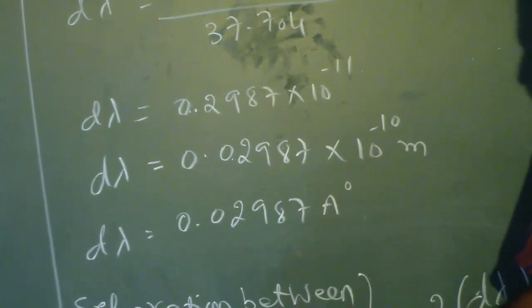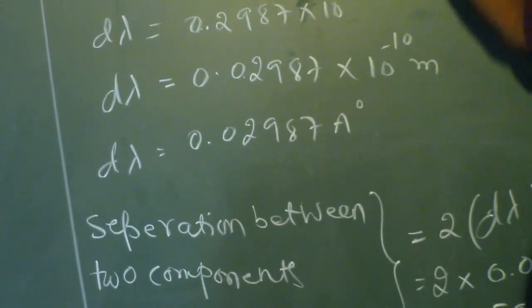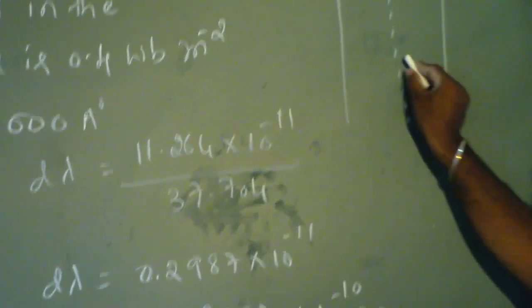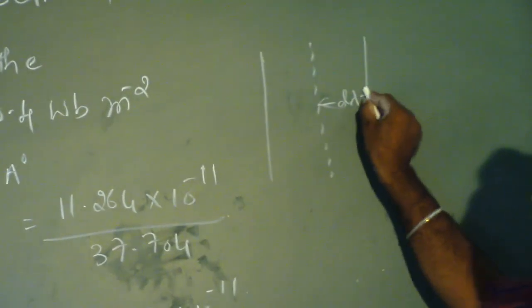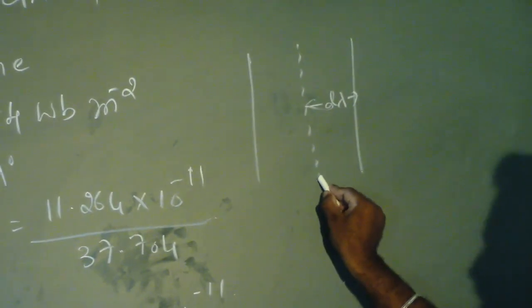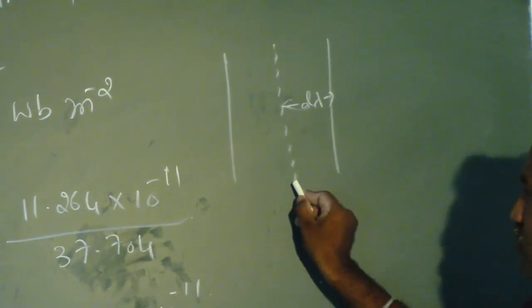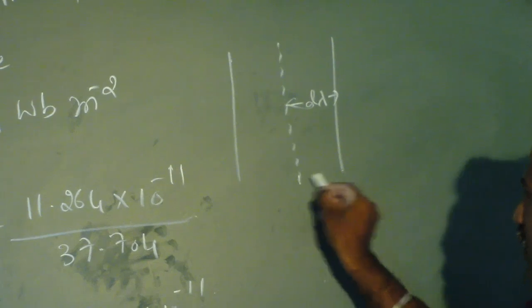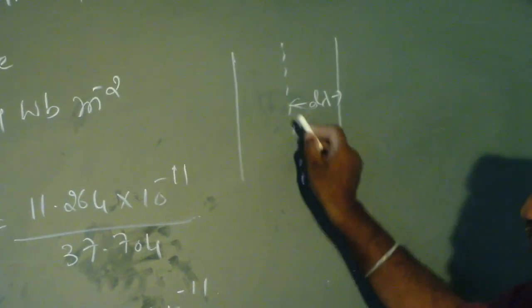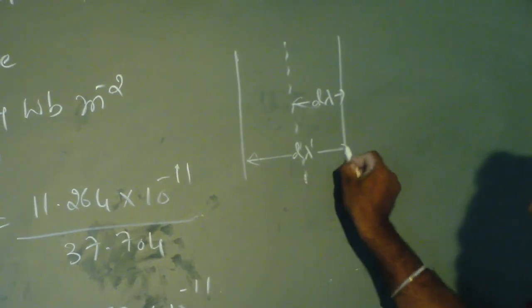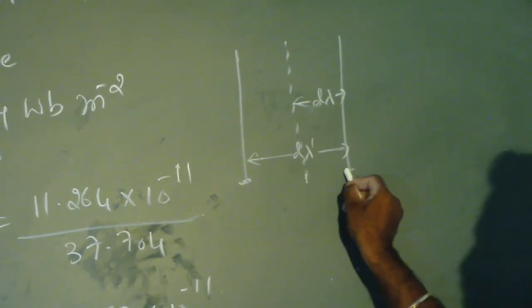But we need the separation between the two components. What we have found is d lambda, the separation between the original line and any one of the component lines. But actually we need the separation between the two components.